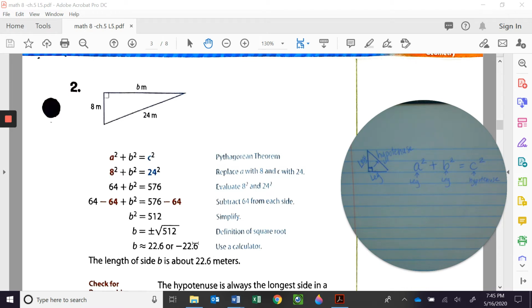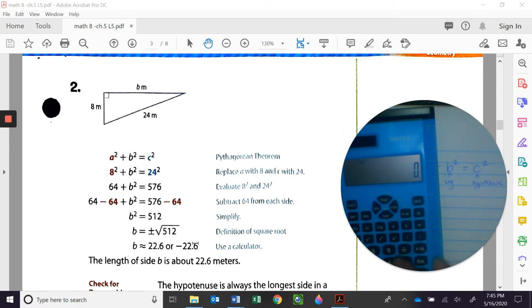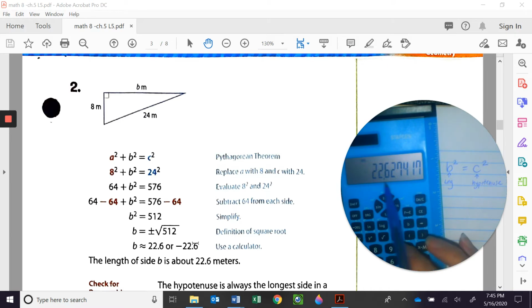Now you might have to round, so be careful. Yep, they did round. So look, 22.62. The 2 does not change your 6, and so that's why they stopped at the 6.